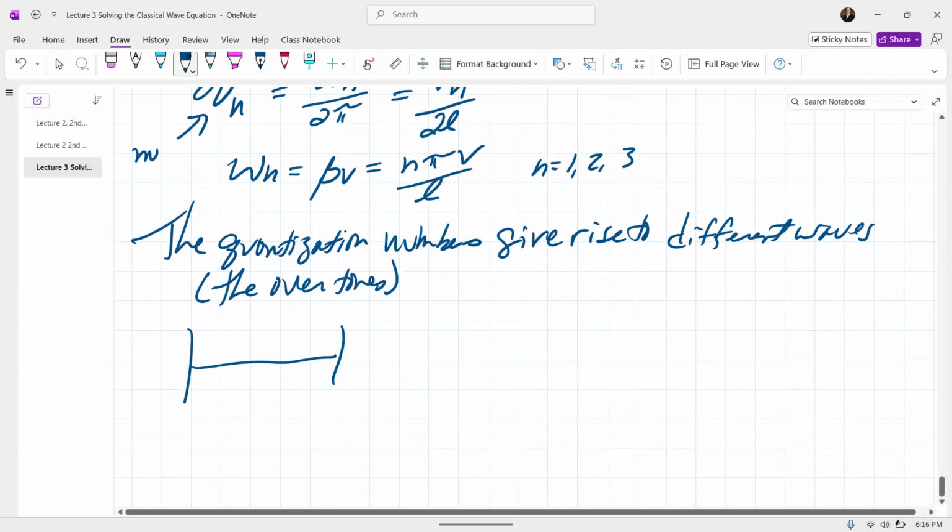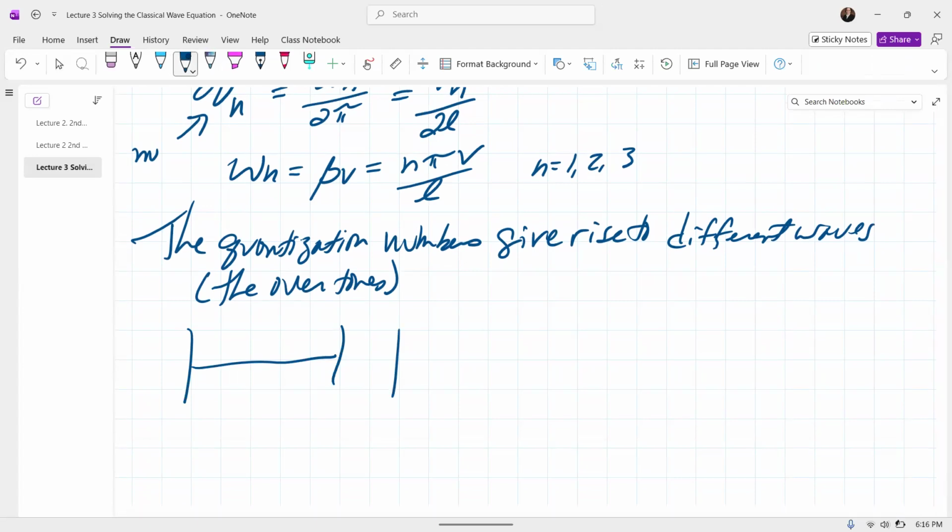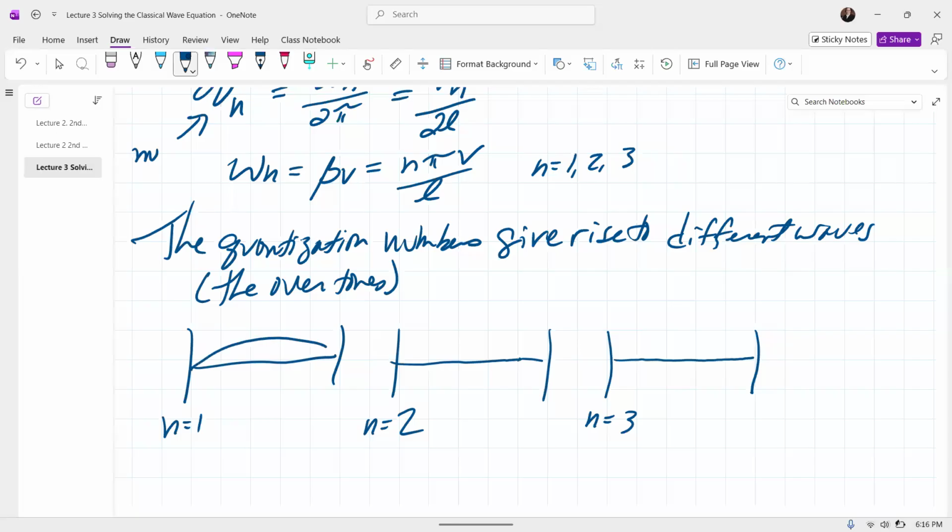I'm going to draw pictures. This is the same string, same width. N equals 1, n equals 2, n equals 3, which should be equal thirds.